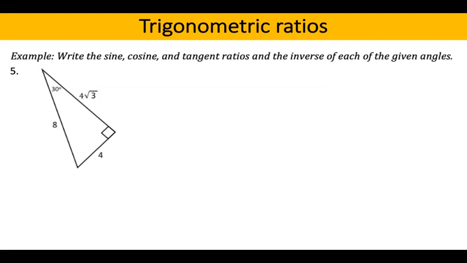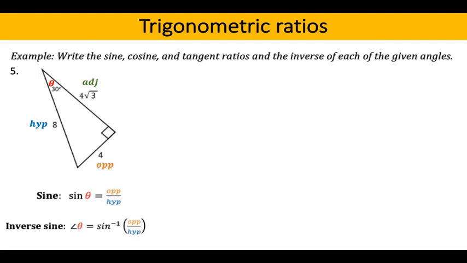Let's go ahead and look at example number 5. We're going to write the sine, cosine, and tangent ratios and their inverses for each of the given angles. So again, let's start with our triangle, labeling our theta angle, and label your sides. Our hypotenuse is opposite the 90-degree angle, and then do opposite and adjacent from that angle. Opposite of the angle and adjacent to the angle.